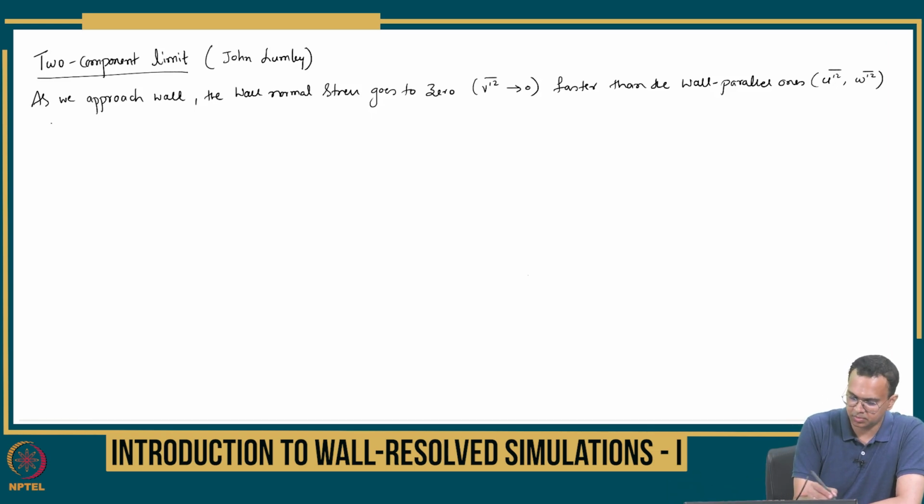This state of turbulence is called two component limit.